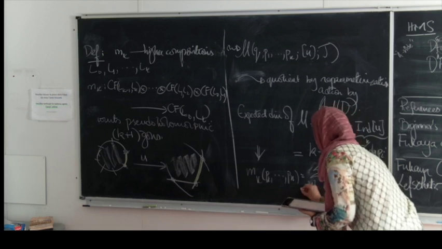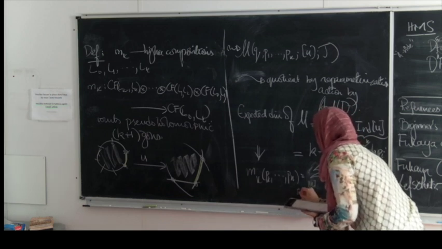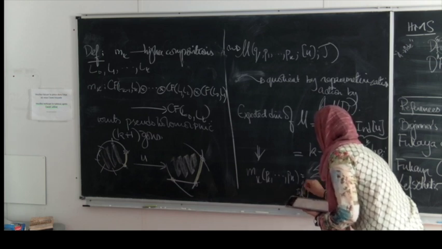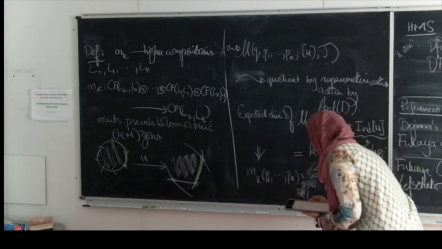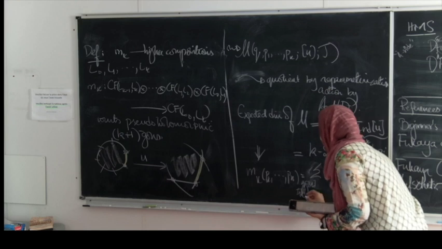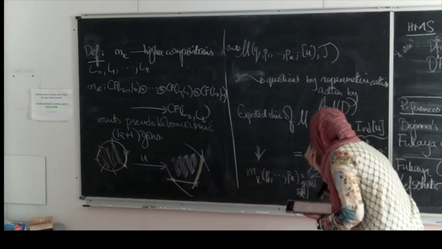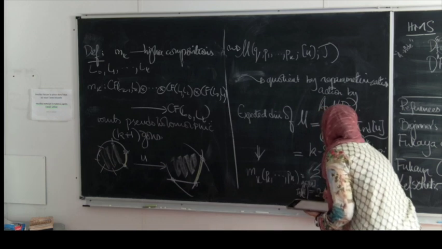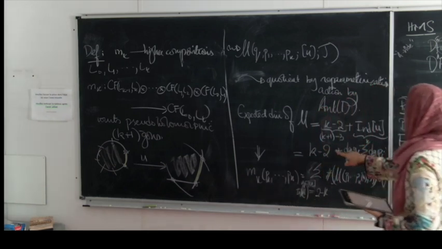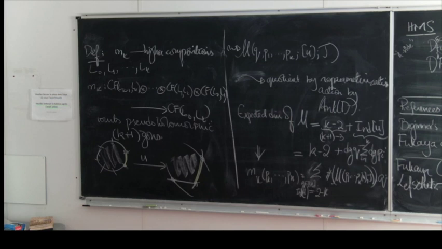So the u, the representative, has index, so this q belongs to, first of all, the disk, and it's a point on the disk, and this index is equal to 2 minus k. Yeah, so that the sum becomes 0.